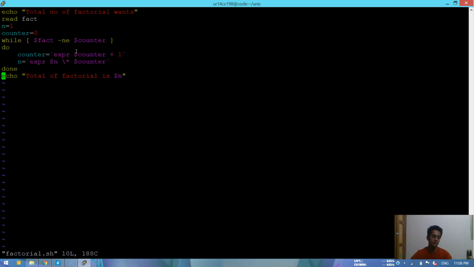If fact is not equal to counter, then counter is equal to expr counter plus 1. So we're going to increment it by 1 every time. Then n is equal to expr n modulus counter. Done. Then we print the total of factorial.